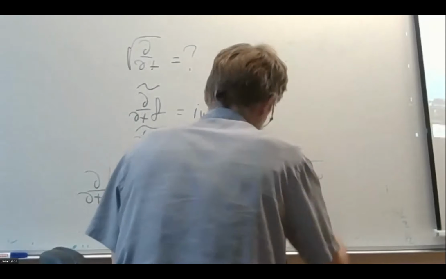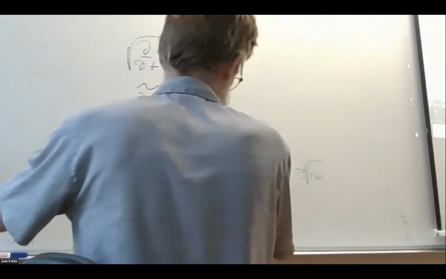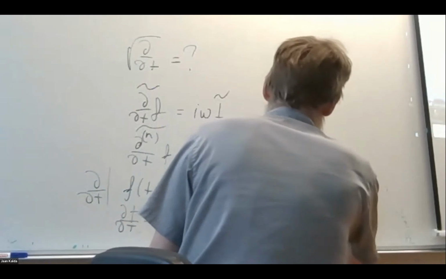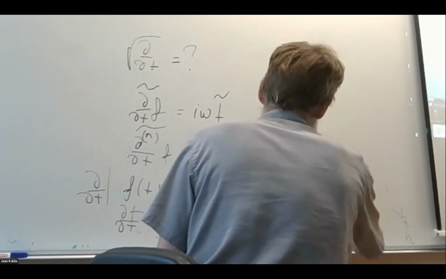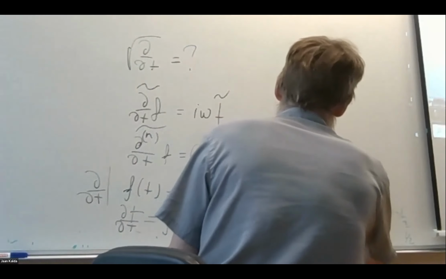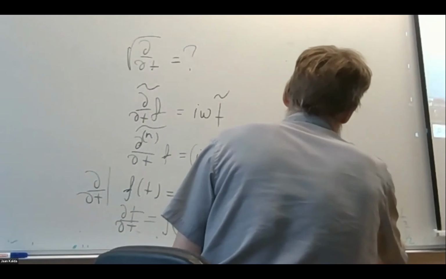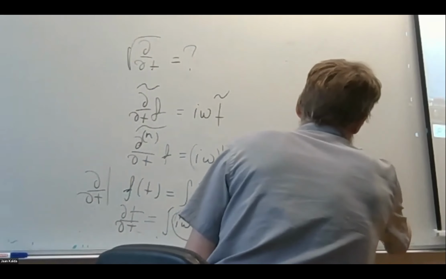The Fourier transform of the square root derivative of f is equal to the square root of i omega times the Fourier transform of f.